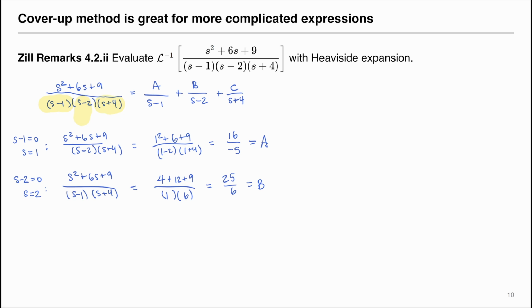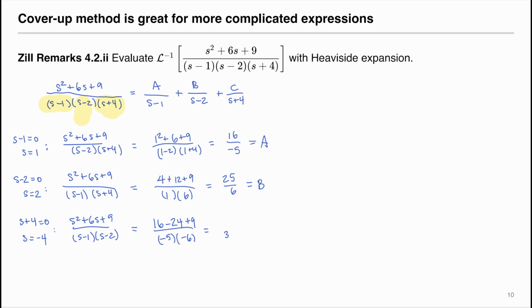Lastly, let's cover up the third term. We have s squared plus 6s minus 9 divided by (s minus 1)(s minus 2), and the third term is being covered. We cover that so the last term equals 0, so s should be equal to minus 4. Substitute in minus 4 squared, 16 minus 24 minus 9, divided by minus 5 times minus 6.